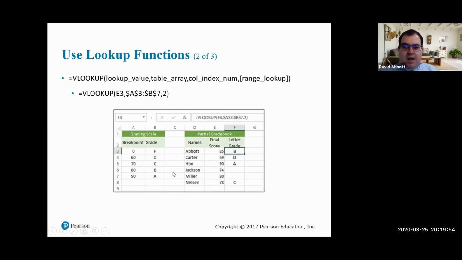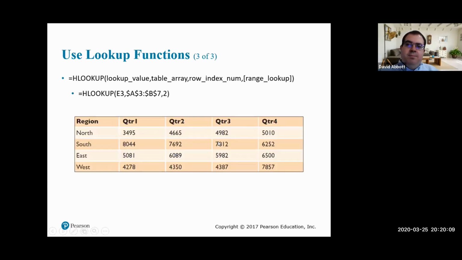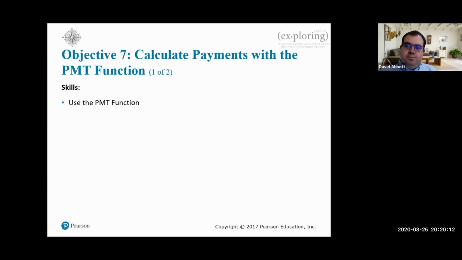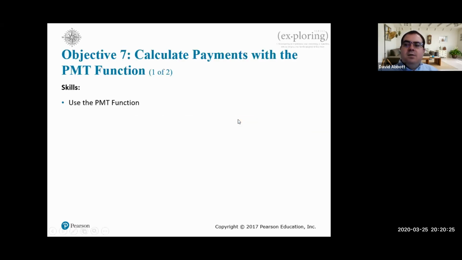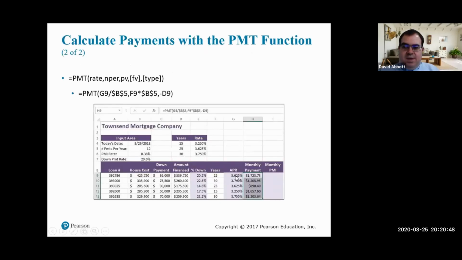We see that Abbott earned 85%, so that's a B. You look over here: from 85 to less than 90, that's a B. 90 and higher is an A. So you can use this to do a lookup, a VLOOKUP. And an HLOOKUP does the same thing, but I believe horizontally.